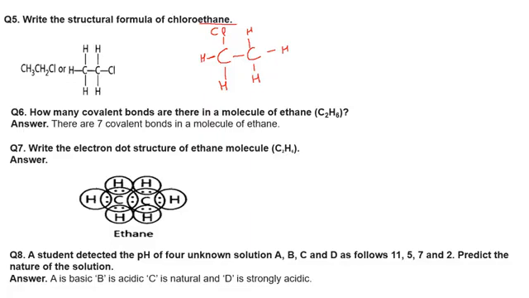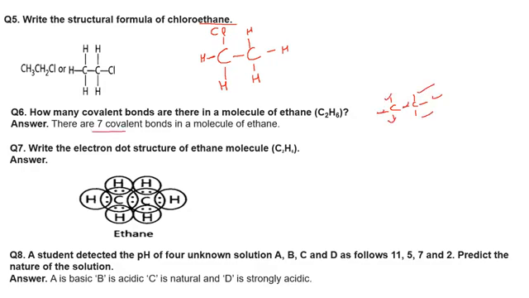Now coming to the next one: how many covalent bonds are there in a molecule of ethane? Let's form a molecule of ethane. We just have to find out how many covalent bonds are present. So this is 1, 2, 3, 4, 5, 6, 7. So 7 covalent bonds are present.